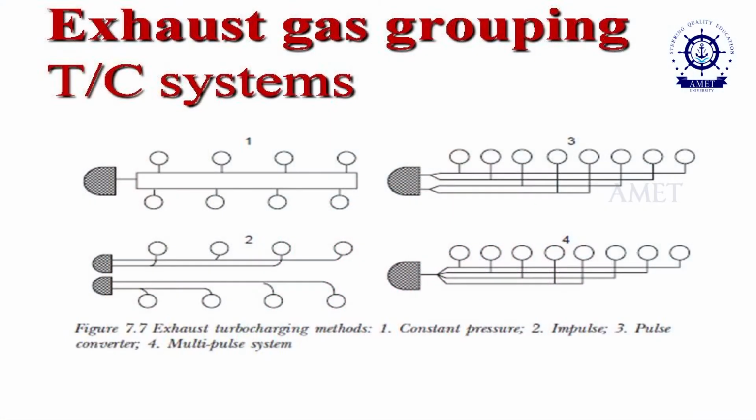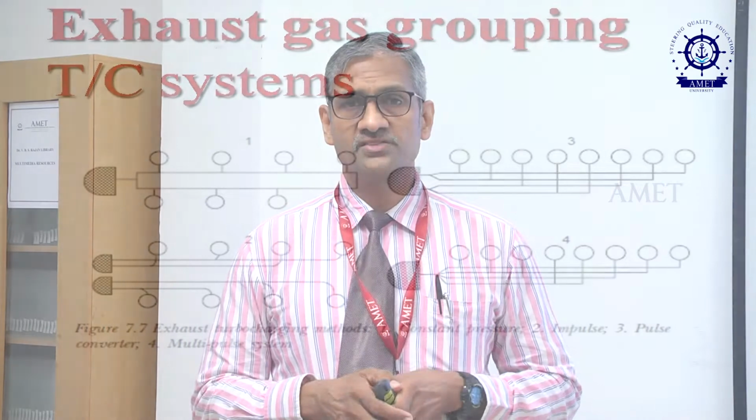Now, there is another system of turbocharging which is very popular, and in fact the most modern one, which is called constant pressure turbocharging. Let me explain what I mean by constant pressure turbocharging. In constant pressure turbocharging, the exhaust gases, as we discussed earlier, will come out of the individual unit. When it comes out of the unit, it goes into a common manifold or a cylindrical pipe.